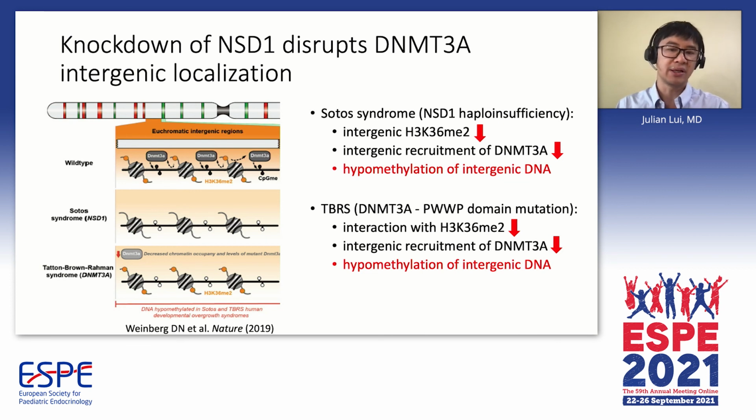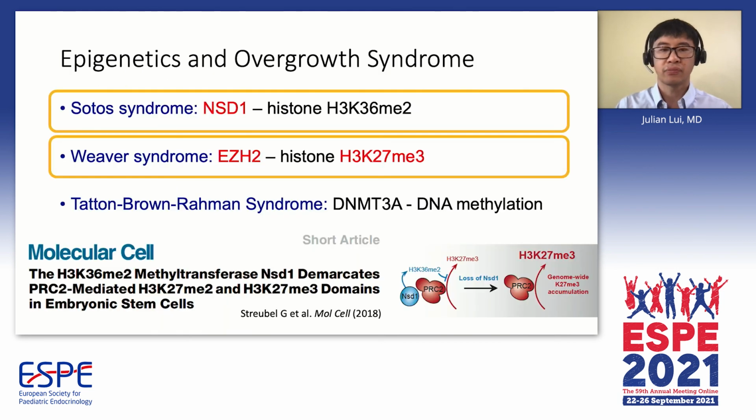hypomethylation of intergenic DNA. Now, it becomes harder to explain how that leads to overgrowth, but at least it looks like there could be a common pathophysiology. And the same is true for Weaver and Sotos, because there's another study that found NSD1 can bind to the PRC2 complex, which then affects the genome distribution of H3K27 di- and trimethylation.